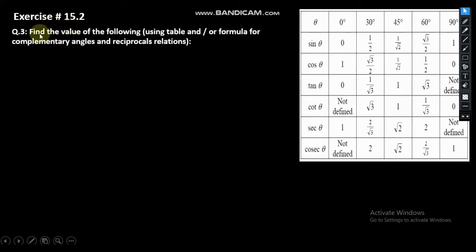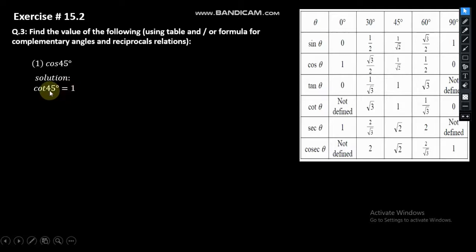Exercise 15.2, question number 3. Find the value of the following using table and/or formula for complementary angle and reciprocal relations. Now start question number 1. Cot 45 degree. Cot 45 degree is equal to 1.